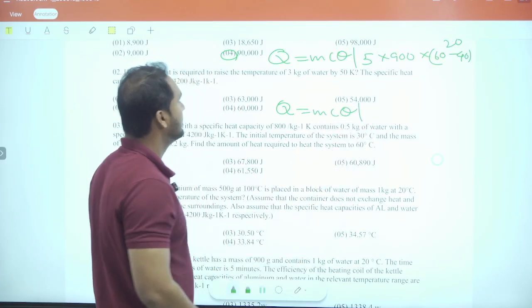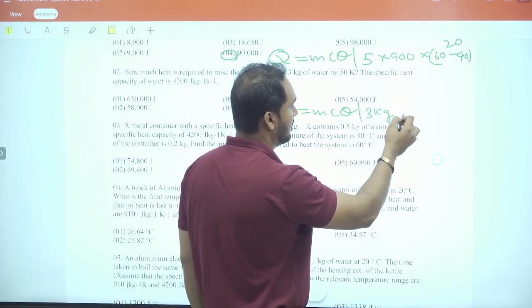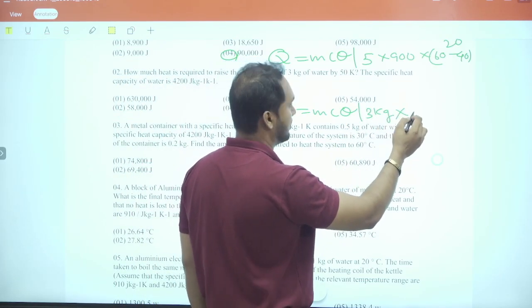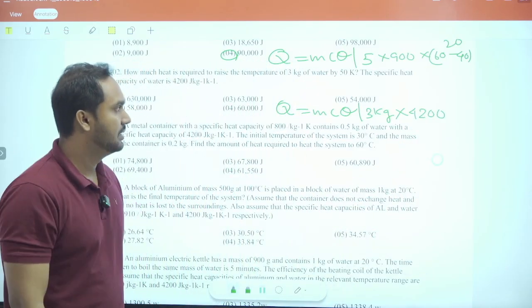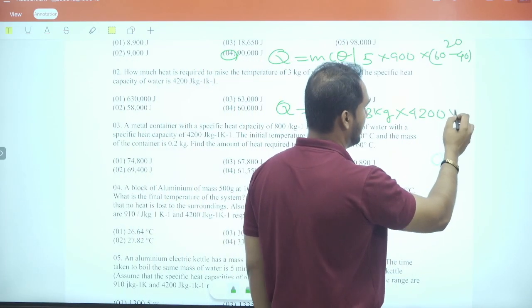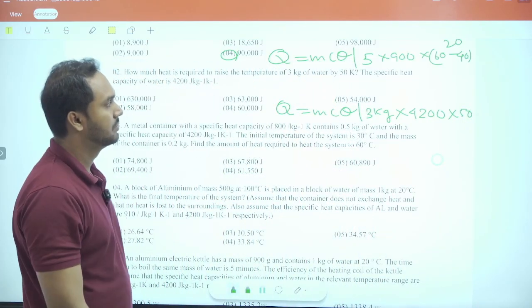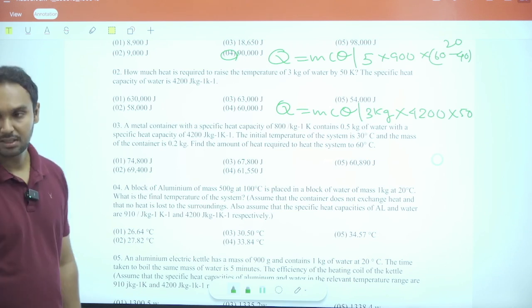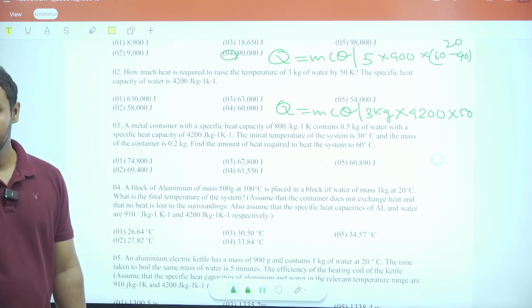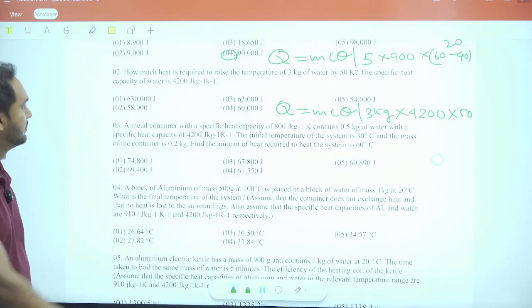So the mass is 3 kg, the specific heat capacity is 4200 and the temperature difference is 50. So 50 into 3 into 42, that is how much? Third answer is it? 63,000, right? No. First answer, this much.